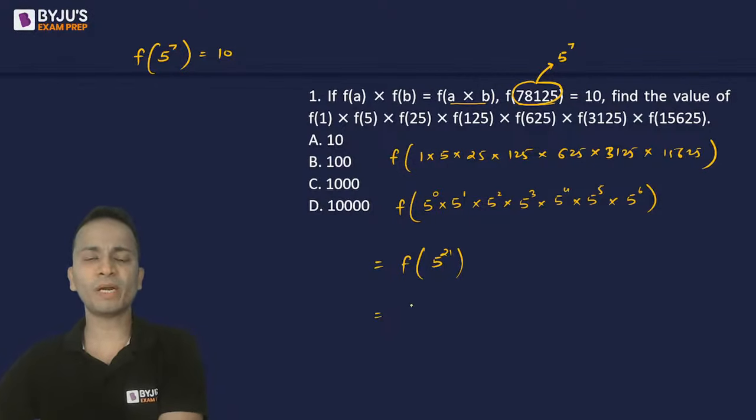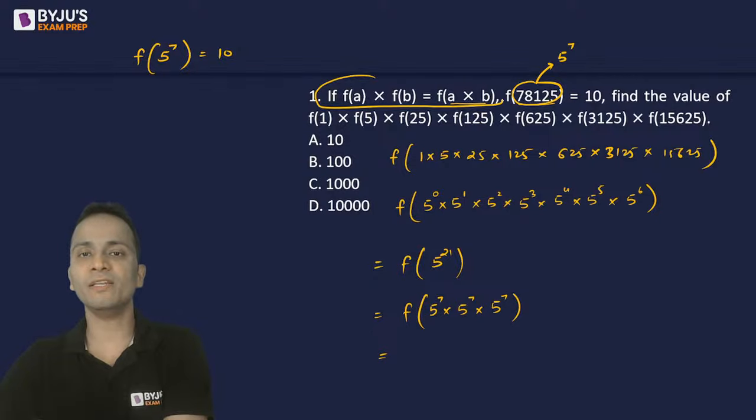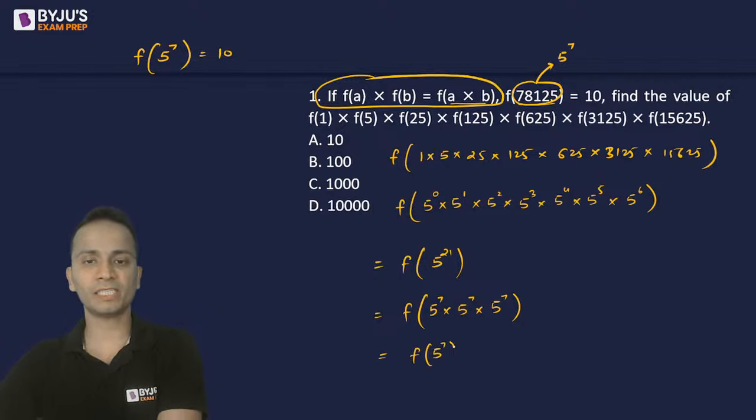Now, 5 raised to the power 21 can be written as 5 raised to the power 7 multiplied by 5 raised to the power 7 multiplied by 5 raised to the power 7. And then, using this relation again, I can write it as f of 5 raised to the power 7 multiplied by f of 5 raised to the power 7 multiplied by f of 5 raised to the power 7.